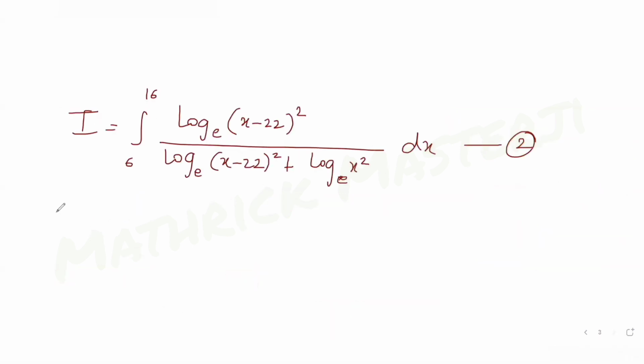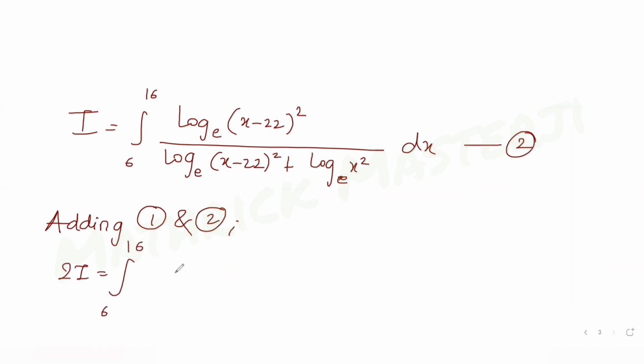If I add both of these, adding 1 and 2, I get I plus I, which is 2I, equal to the integral from 6 to 16. I have log of x squared to the base e from the first, and log of x minus 22 the whole square to the base e from the second.